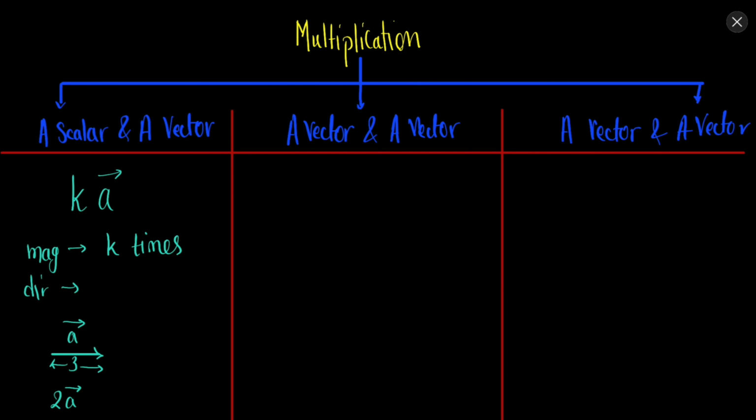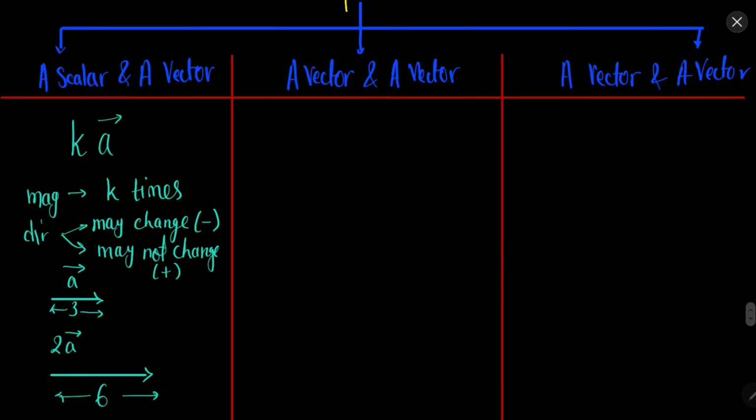The direction may change or it may not change. How is it decided? It depends on the sign of the scalar. If the sign of the scalar is positive, then the direction will not change, and if the sign of the scalar is negative, then the direction also changes.